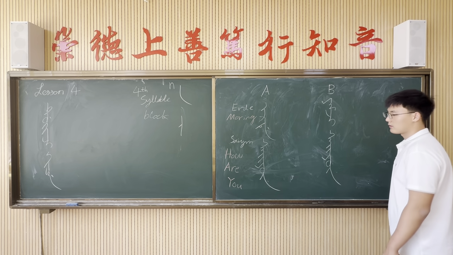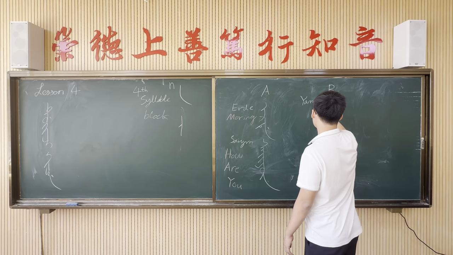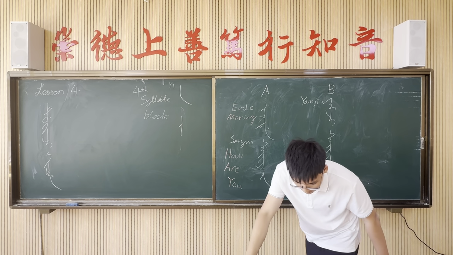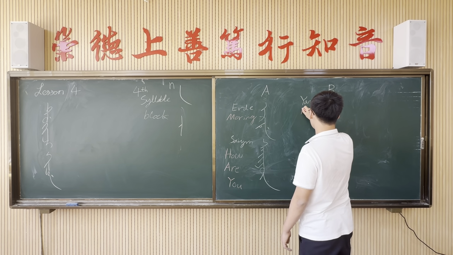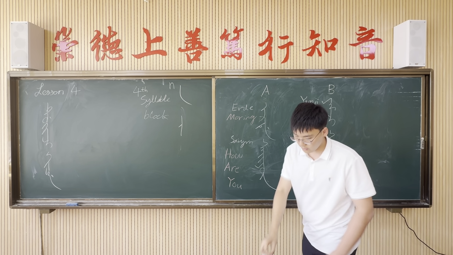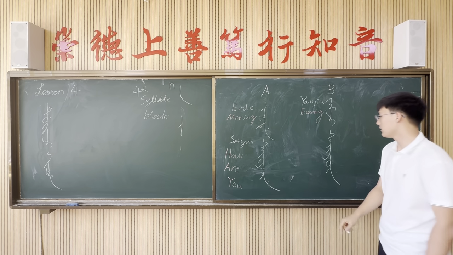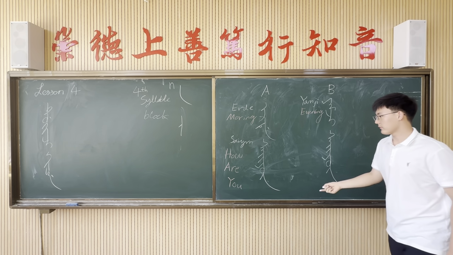Yamji Sayun. Yamji means evening. And Sayun means how are you? So I'm not gonna write this again because it's already here.